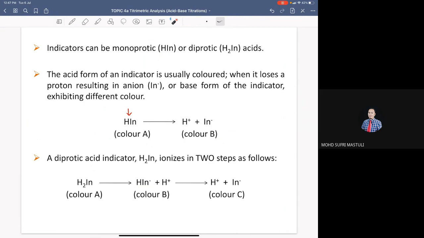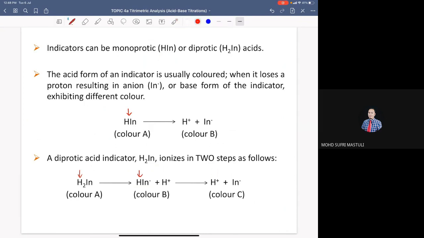A diprotic acid indicator H2In ionizes in two steps. First, the diprotic H2In will be dissociated or ionized into HIn. So it changes from one color to another color, and then it can be further ionized.